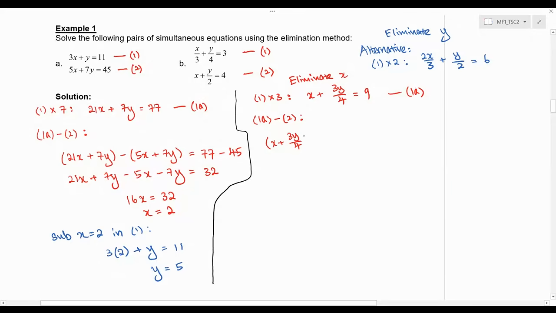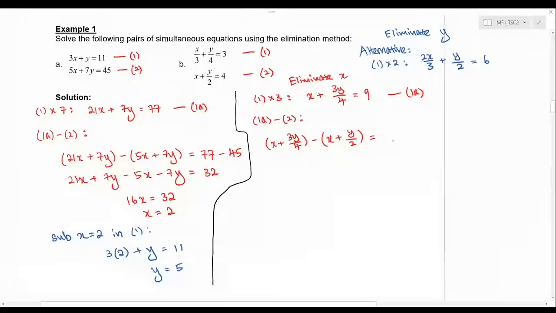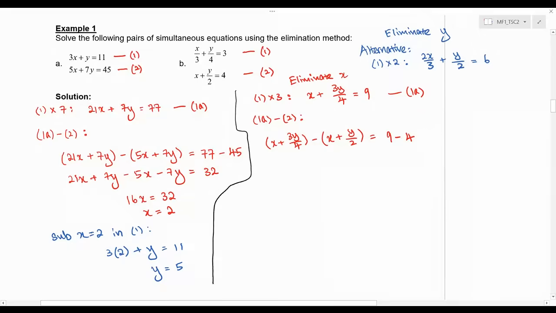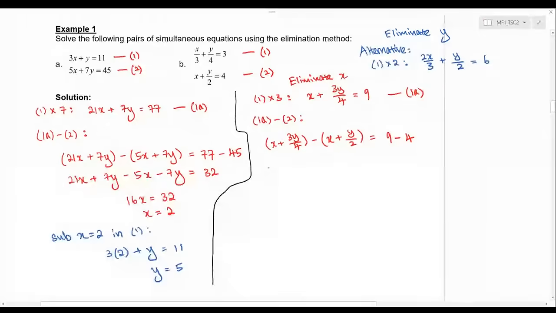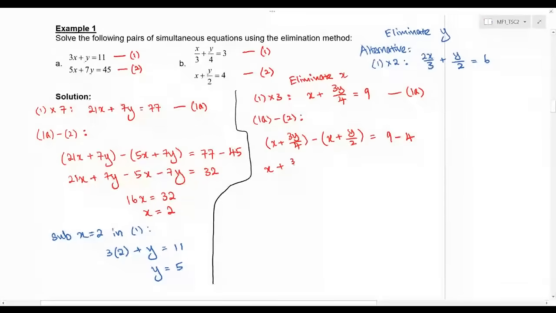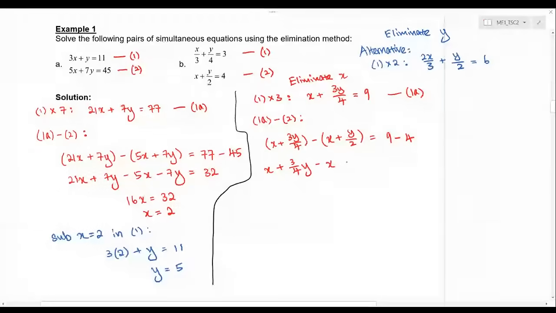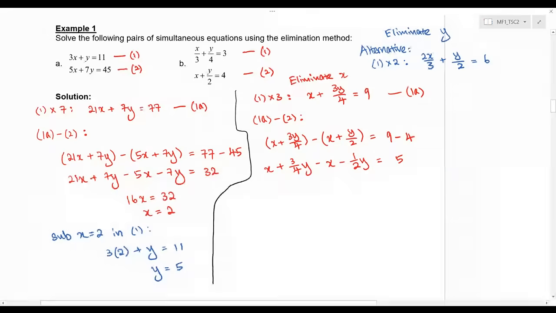Essentially, 3y over 4 is the same as 3/4 y. Then the left-hand side of equation 2 would be x plus y over 2. Then maintain the same sequence, it will be 9 minus 4. So when you expand, I'm going to write it as 3/4 y, it'll be easier to see, minus x minus half y. This will give us 5.